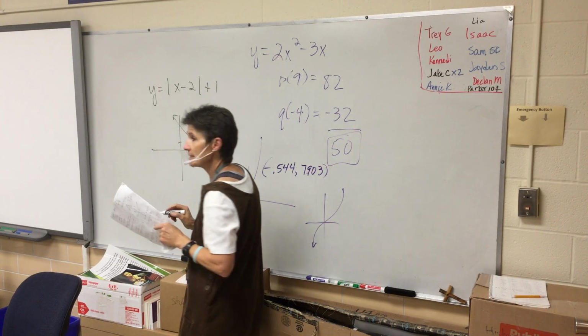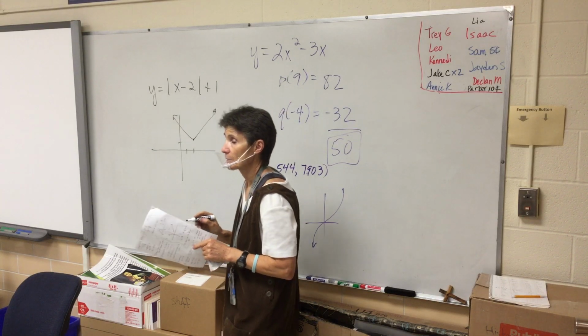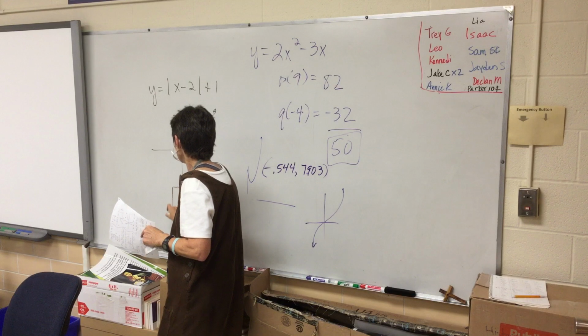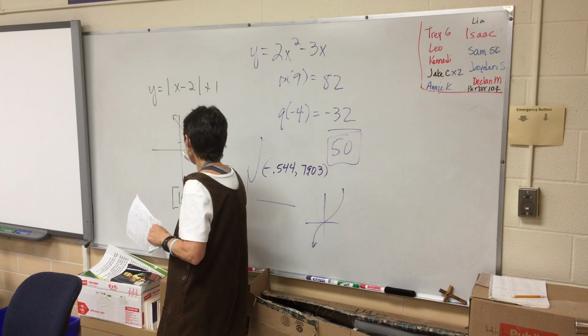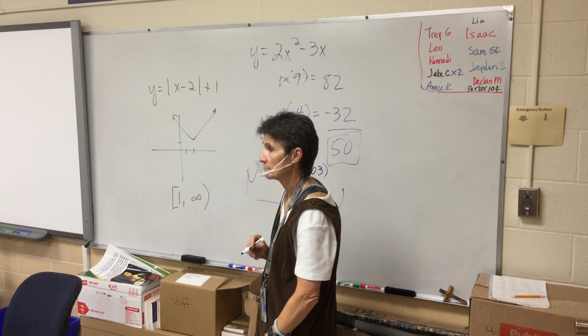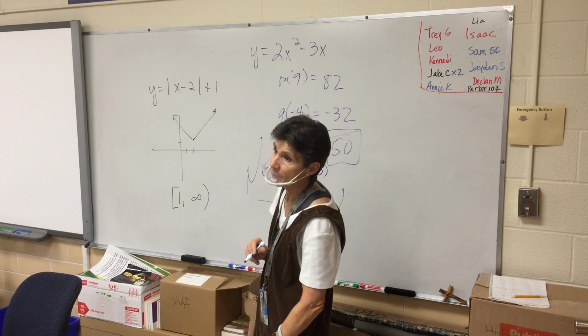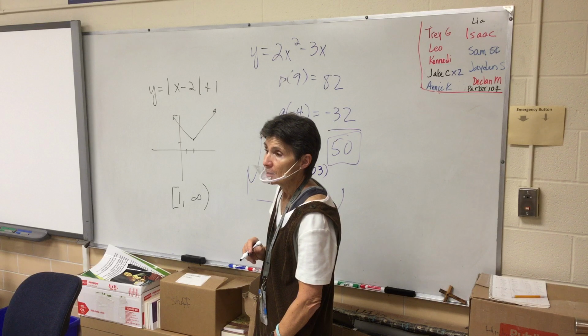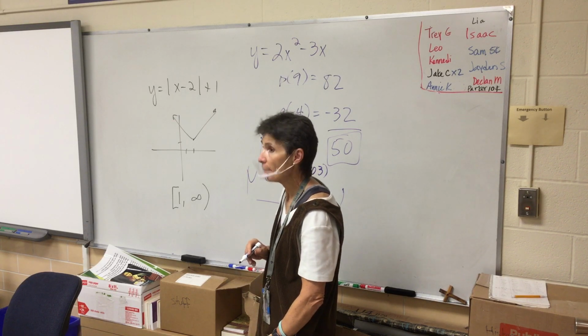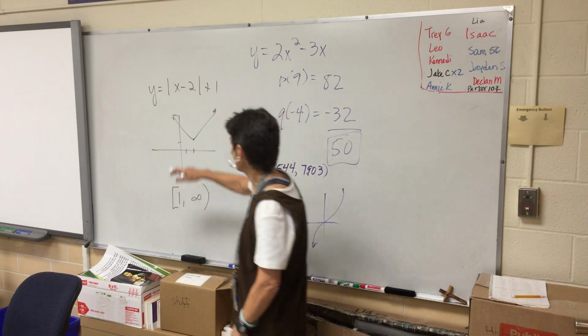So the V looks like this. So what's my range? Greater than or equal to 1. That would be my range. If we had to say if that were bounded or not, we would say, yep, it's bounded below, right here.